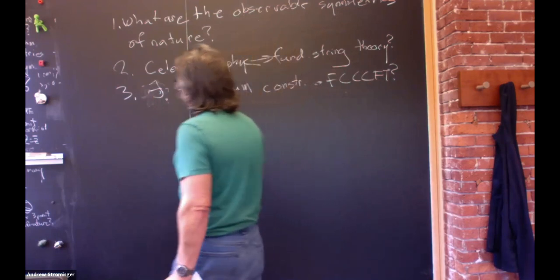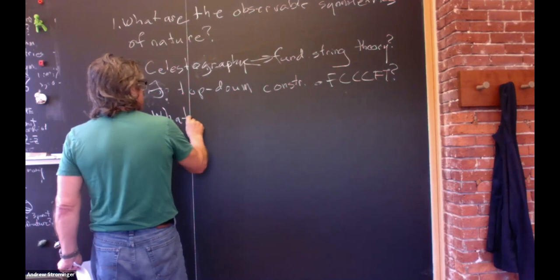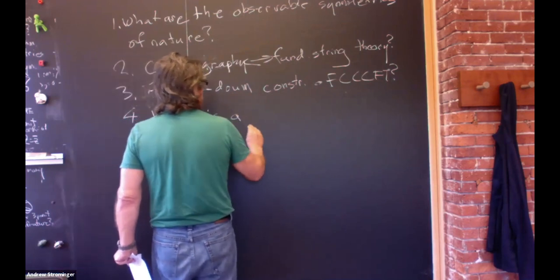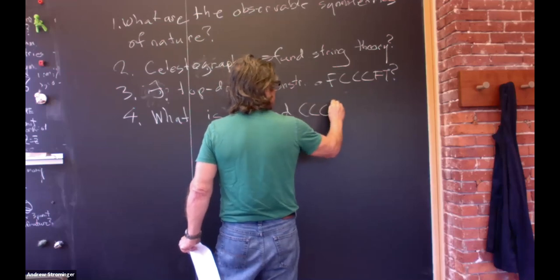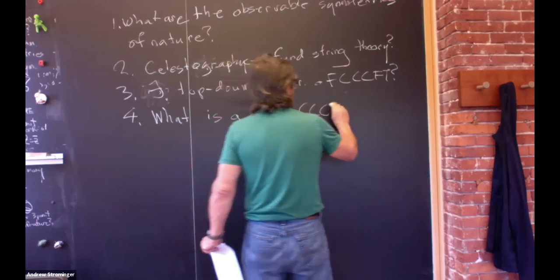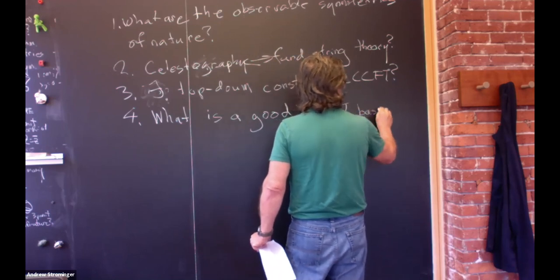So my fourth question, which there's been a lot of discussion about during the workshop, is what is a good basis for celestial conformal field theory.